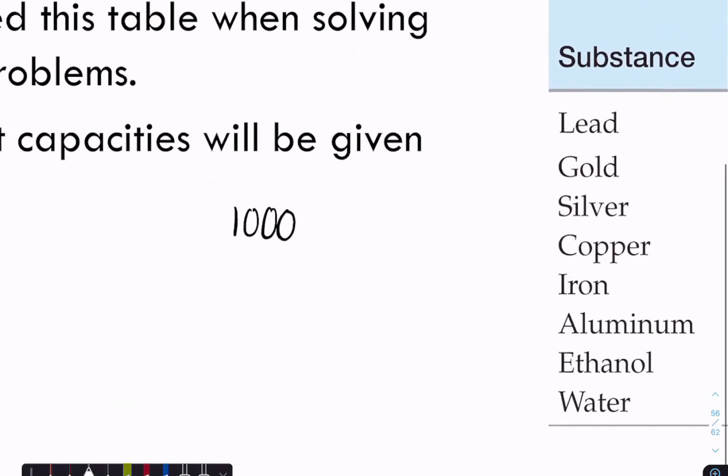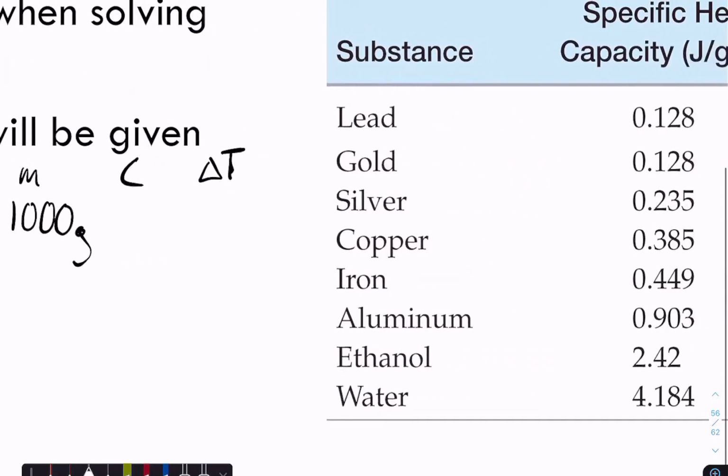So this is the Q equals mc delta T. If we want to know how much energy it's going to take to heat up that copper pan from room temperature to 100 degrees C, we just plug in the mass of the copper pan, and then we use the heat capacity for copper.